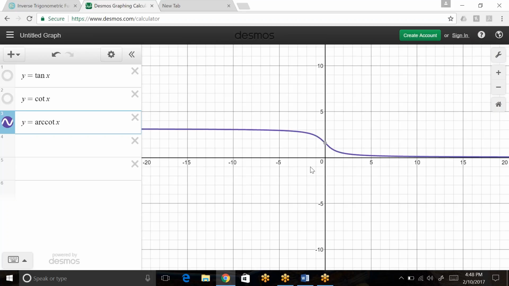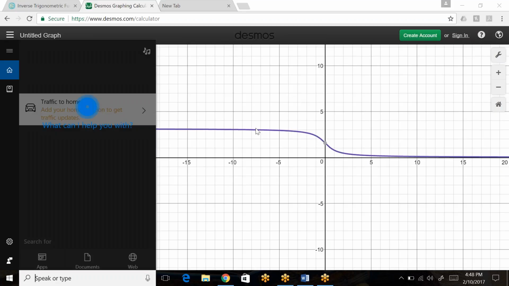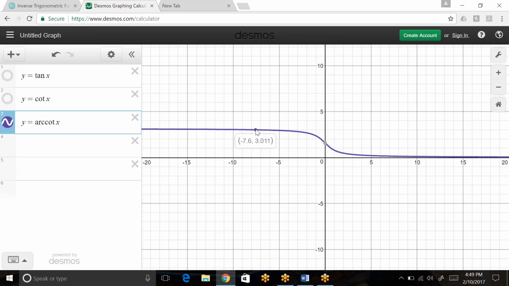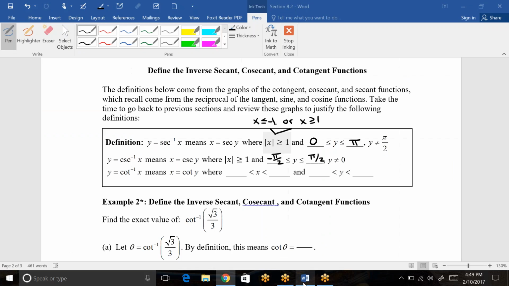We never touch the 0, and we get really close to, but we don't actually cross. Notice we're at 3.011, 3.067. This is hovering at pi. So from 0 to pi. So let's fill that in on our little chart over here.